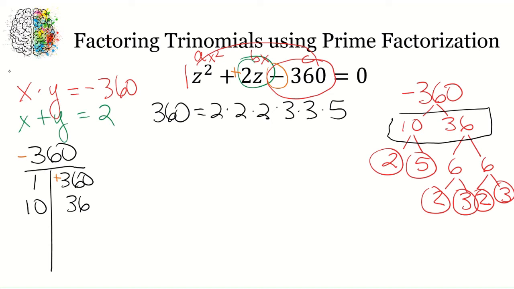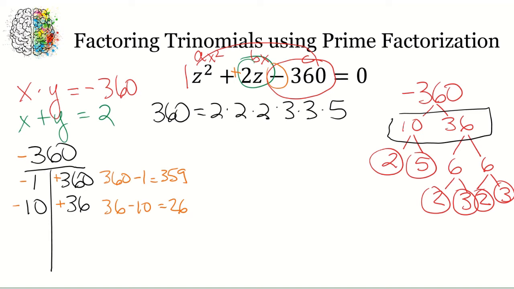So that tells me my larger number is going to be positive, the smaller number is going to be negative. So when I'm testing to see if they're going to add up to 2, if I have 360 minus 1, that's just going to give me 359. If I have 36 minus 10, that's only going to give me 26. So I know that neither of those are the correct pairs of factors.